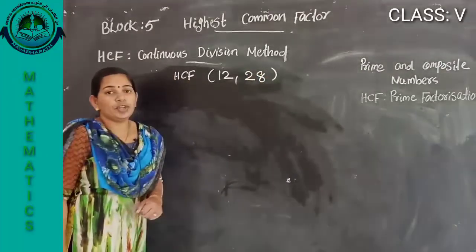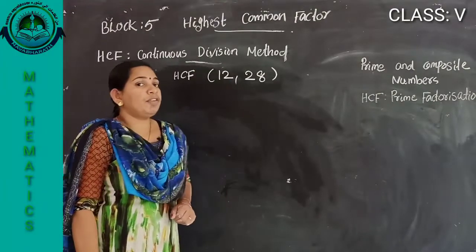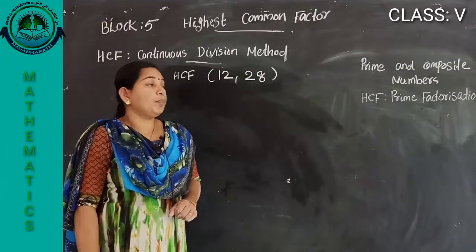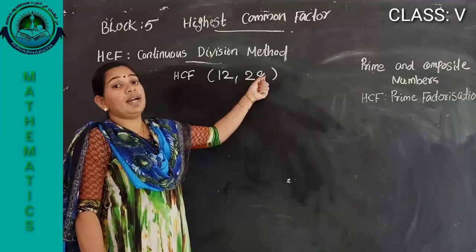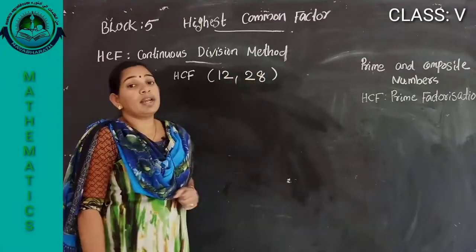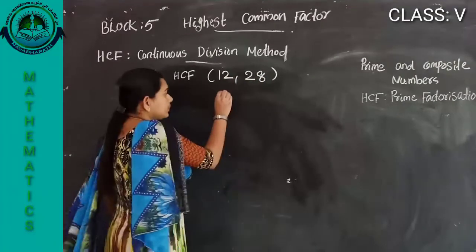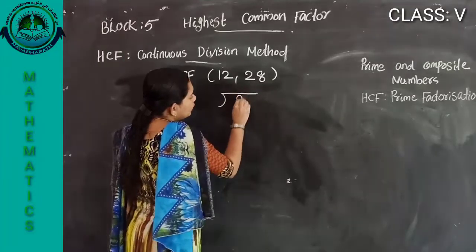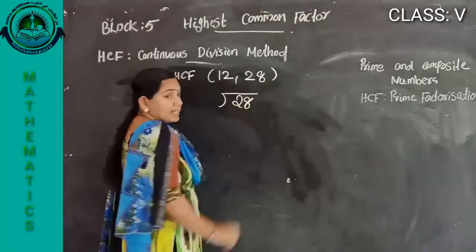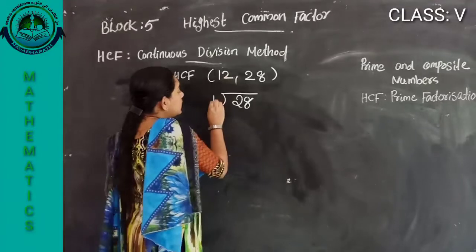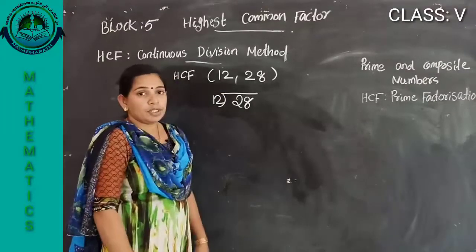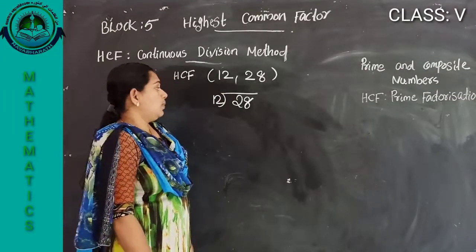12 and 28. What do we do first? We take the bigger number as the dividend and the smaller number as the divisor. Here 28 is the bigger number and 12 is the smaller number. So 28 divided by 12.